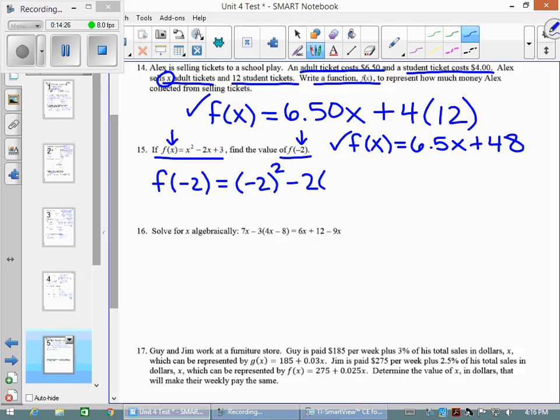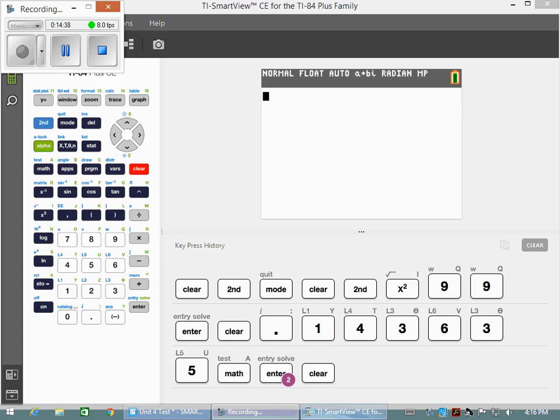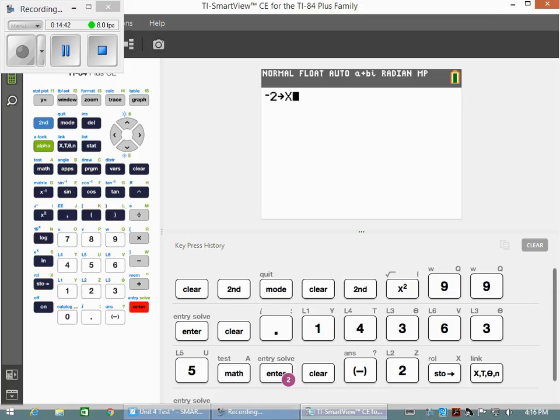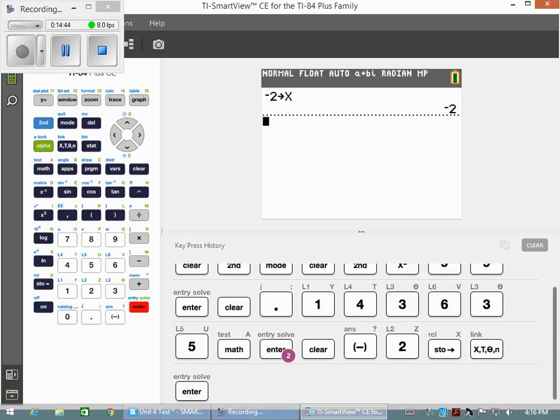A way to do this on the calculator, which I would recommend, would be to go into your calculator and store negative 2 for x. So negative 2, store x, hit enter, and now I'm just going to type that in. X squared minus 2x plus 3, hit enter, and we get 11.